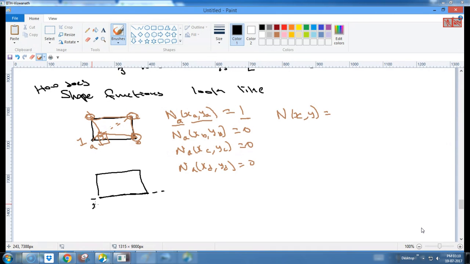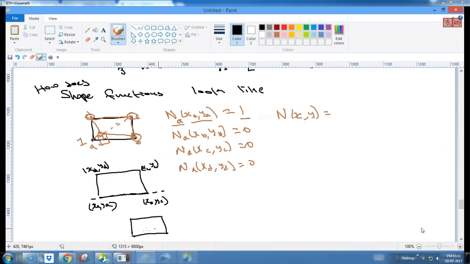Let the points be xa, ya, and a, b, c, d like this. For simplicity, let's assume that these are horizontal, or let me normalize it. So let us say it is purely horizontal and vertical lines.